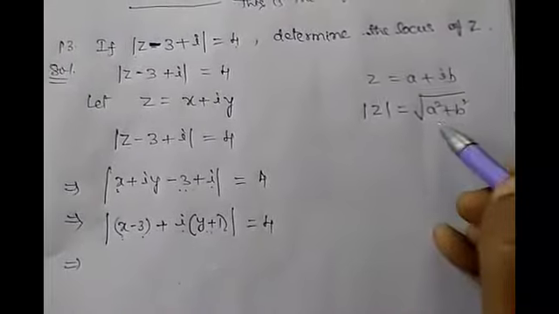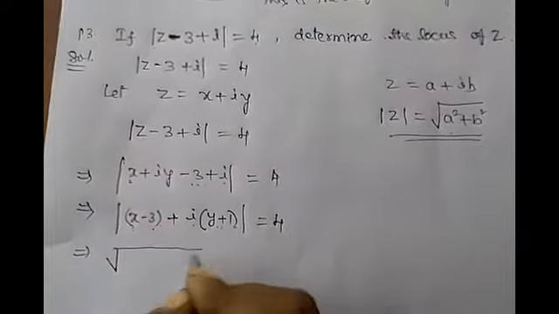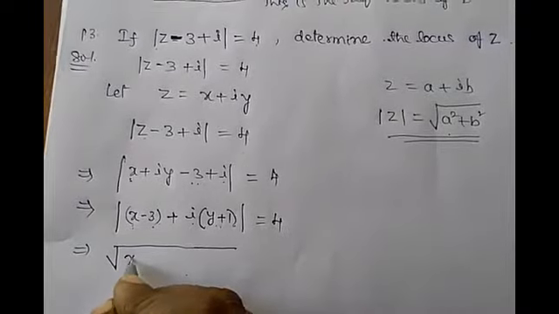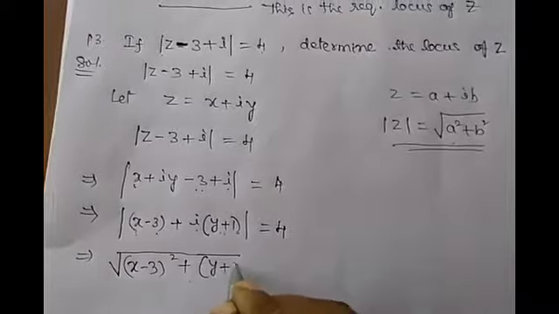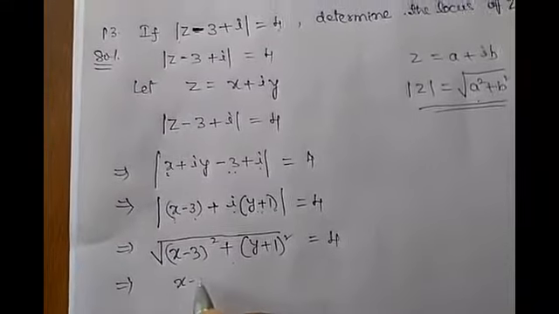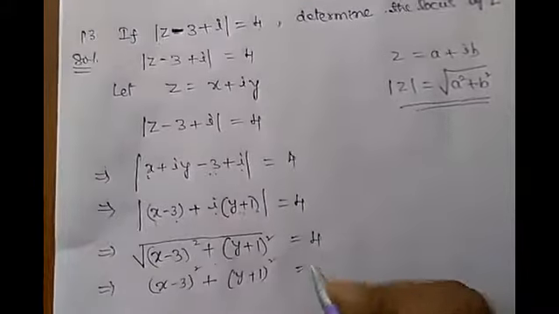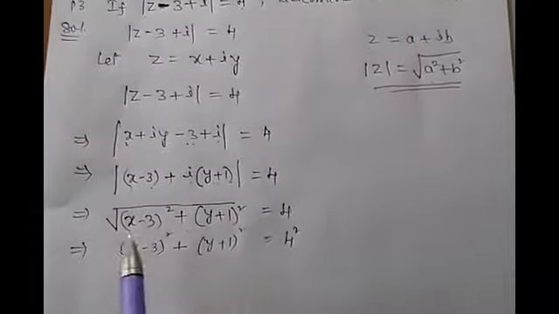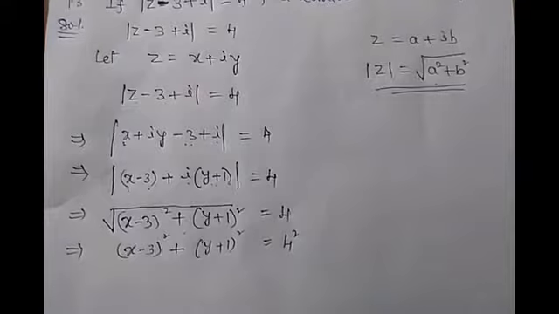Substituting these values in this formula, you get square root of x minus 3 whole square plus y plus 1 whole square equal to 4. Squaring on both sides, you get x minus 3 whole square plus y plus 1 whole square is equal to 4 square. Understood? In the left side, square and root get cancelled. The right side, 4 square.